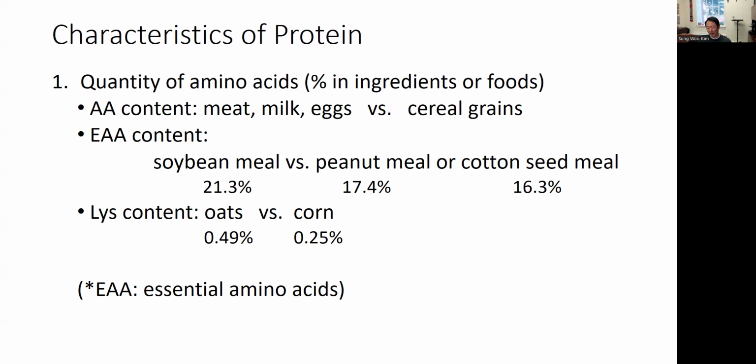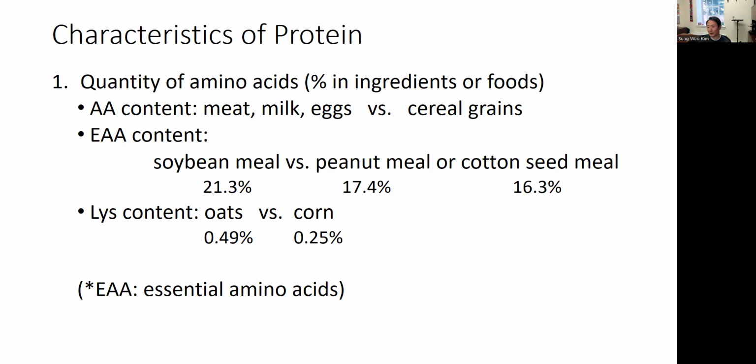So we have to eat more protein source to get enough lysine. As an example, lysine content is not always sufficient. So when we determine the quality of feedstuff, we check the lysine content. That's why I'm showing lysine content, comparing cereal grains, oats versus corn.